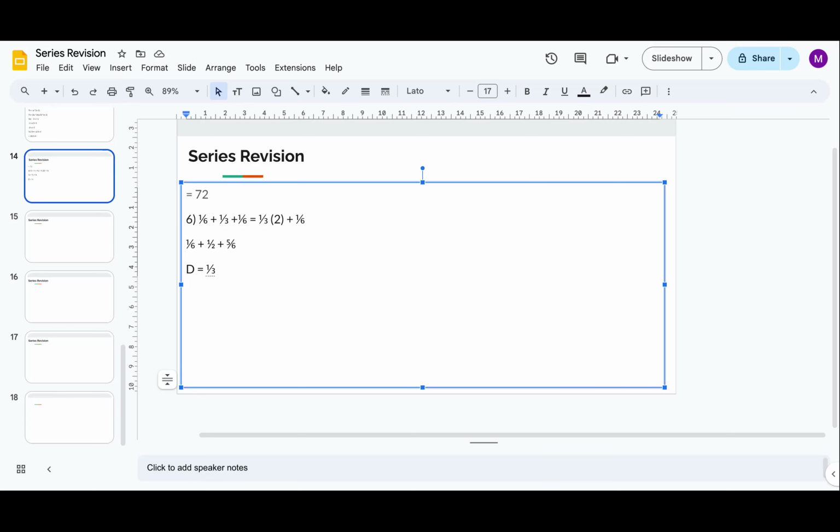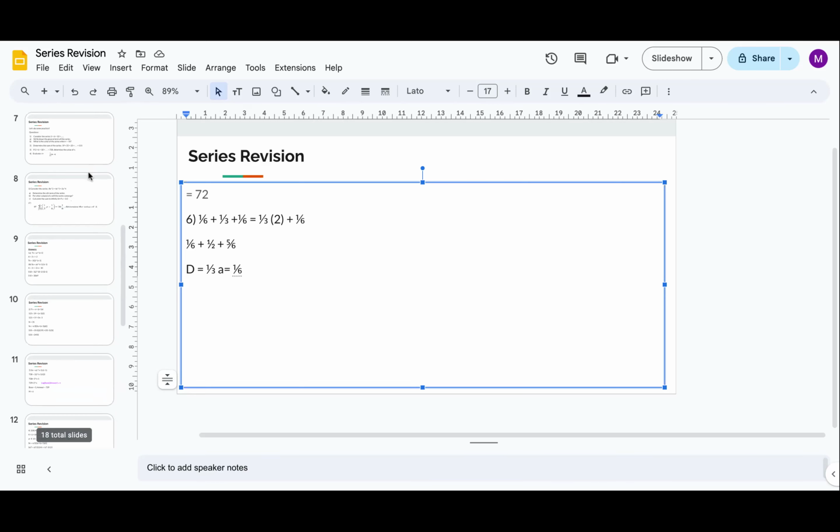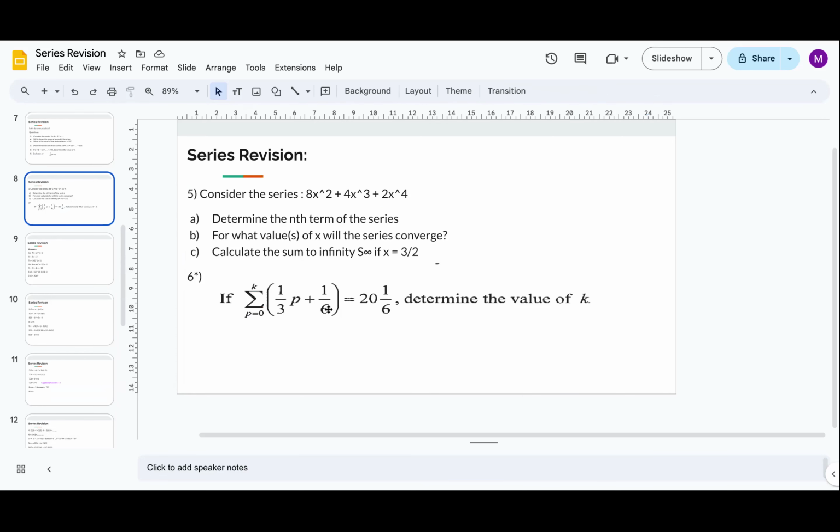Okay. I also know that the value of my a, which is my first term, is equal to 1 over 6. Right. Now, this is an arithmetic series that I'm working with, and they've told me that the value of this arithmetic series is equal to 20 and 1/6.